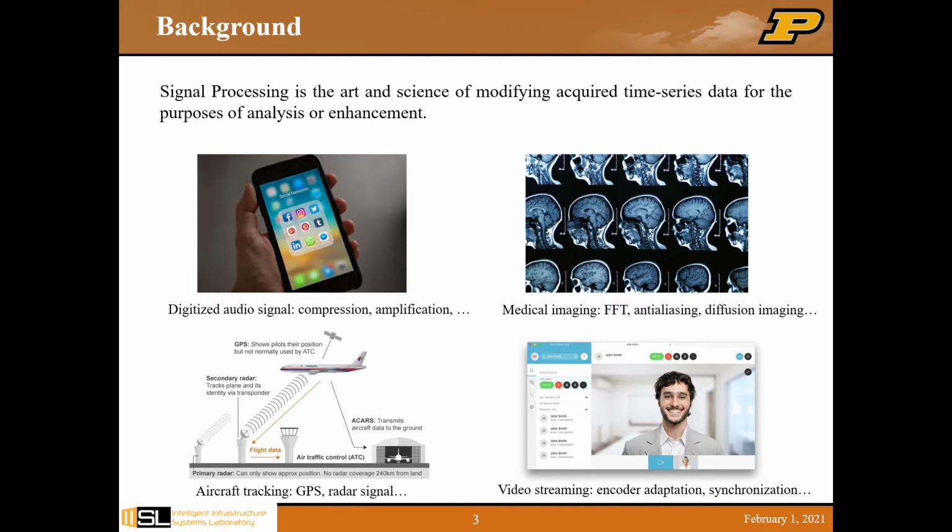For example, everybody has a cell phone. Imagine how your voice comes through one phone to the other. There are a lot of signal processing techniques inside it. How to compress the audio signal, how to transmit using advanced protocols, right?